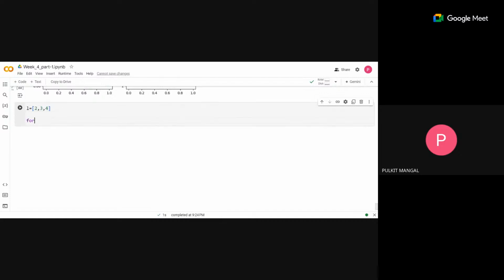For i in enumerate of L, if I just print i, this is what it gives. It is giving the indexing number: at the 0 index it is 2, at the 1 index it is 3, and at the 2 index it is 4.